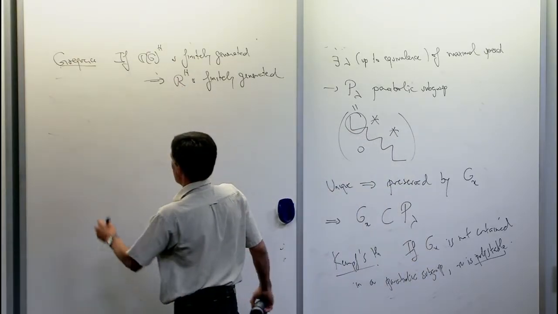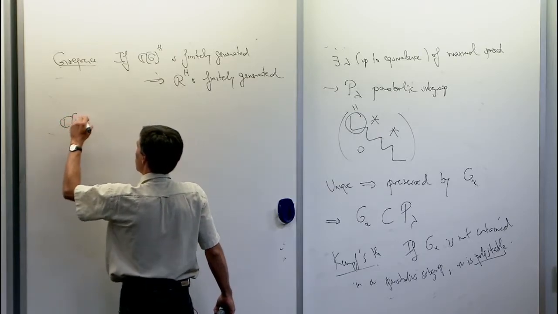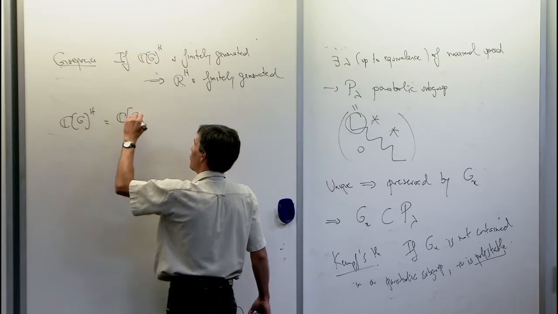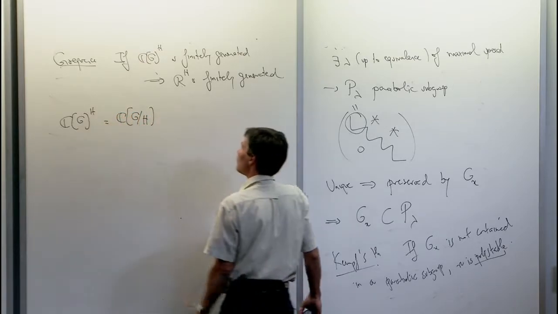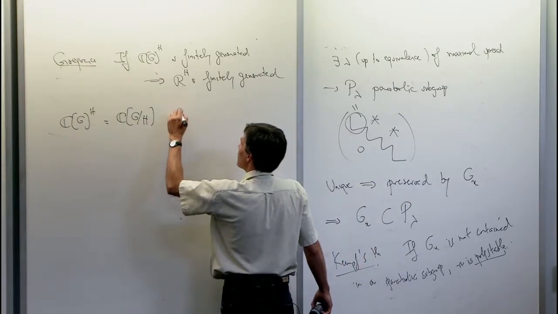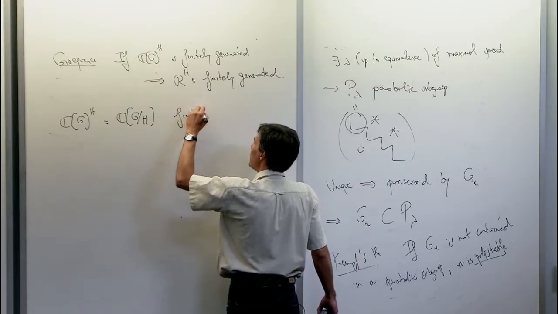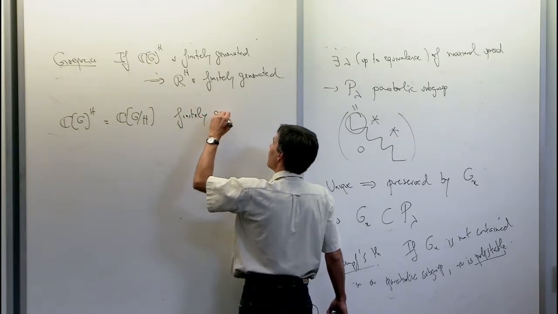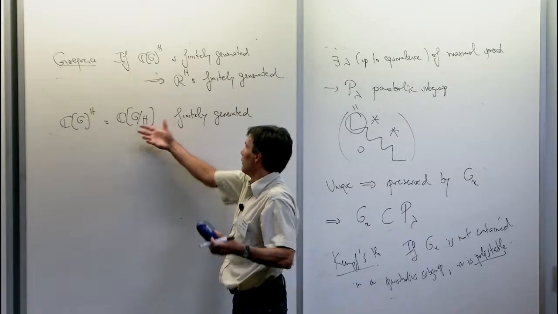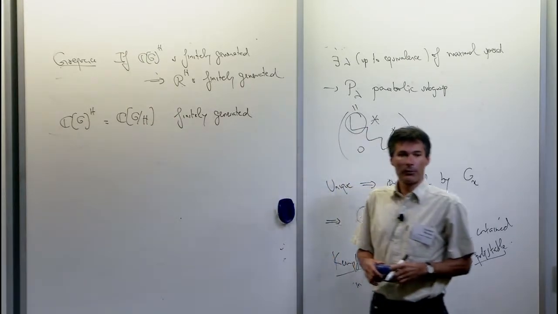When can this be true? So C[G/H], the algebra of functions on the quotient by H: when is it finitely generated? Certainly not always. This quotient can have very different types of algebraic varieties.